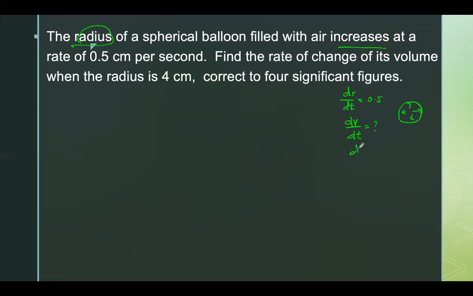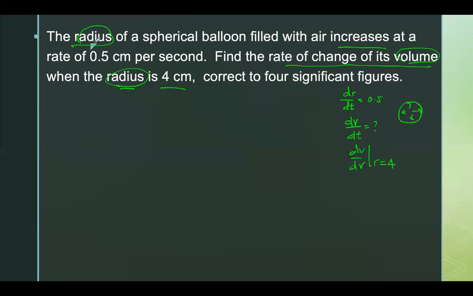Therefore we find dV/dr when r is 4 centimeter. You can see very clearly, when r is 4 centimeter, we want to find the rate of change of volume. Volume and radius, V and r.